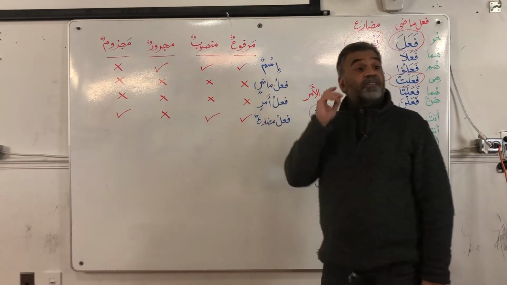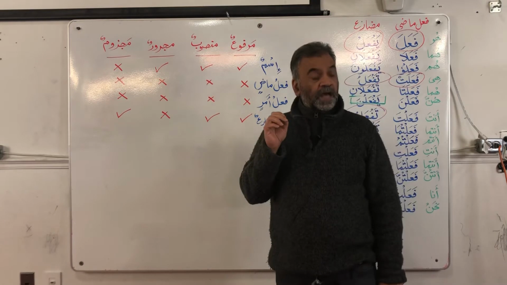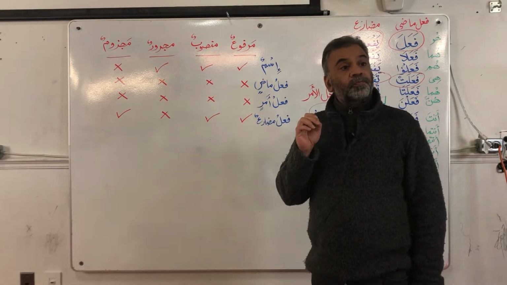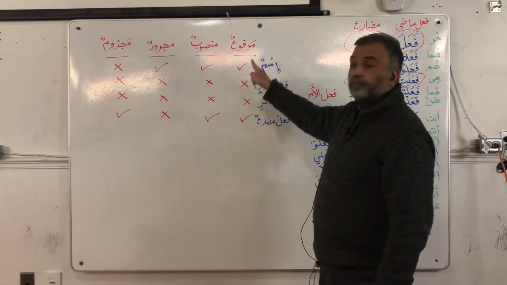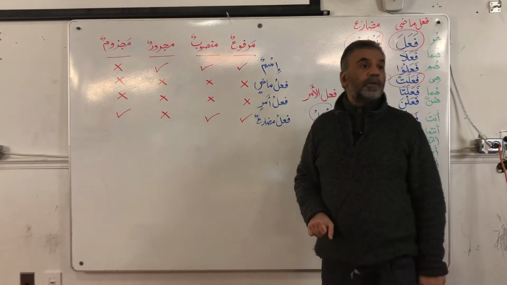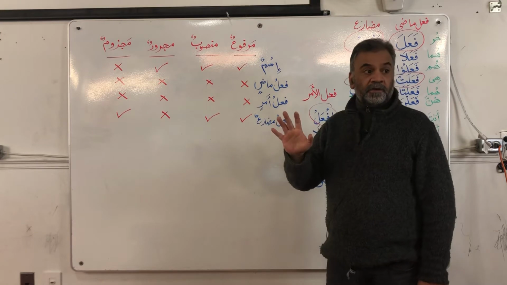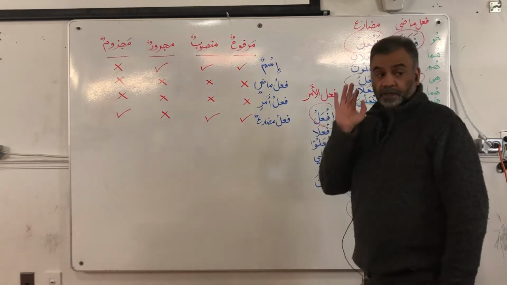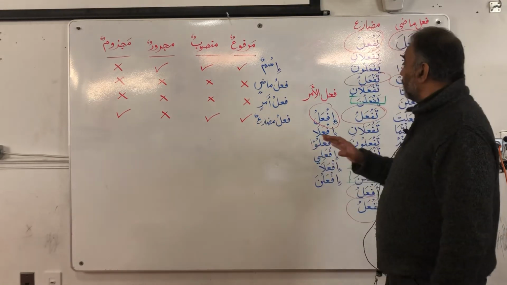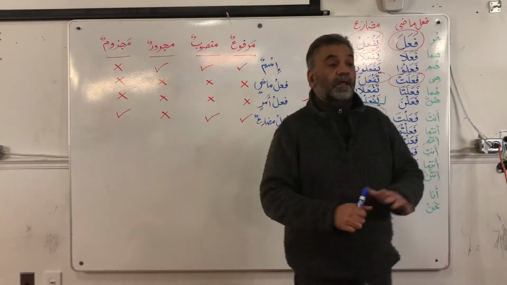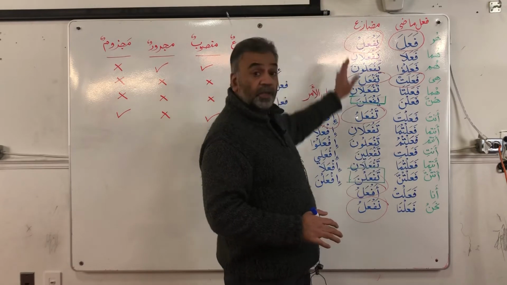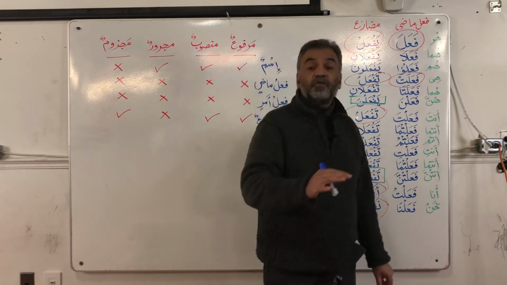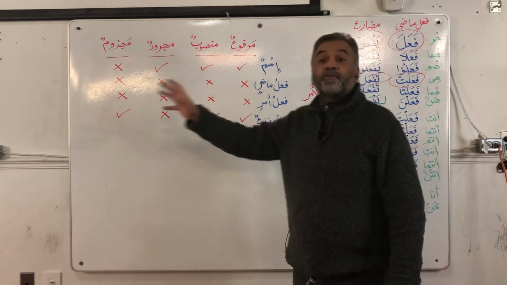When it comes to an ism, a noun, can a noun be marfu? Check mark. Nouns can be marfu. Very important, because going forward, in the next lessons, Dr. Saab will be using the mudare heavily, and very soon the mudare will come into different forms.